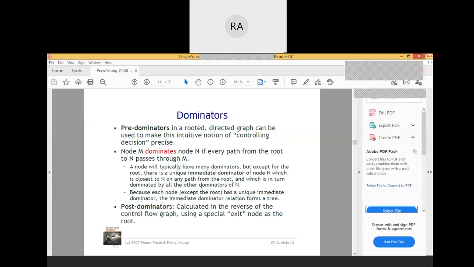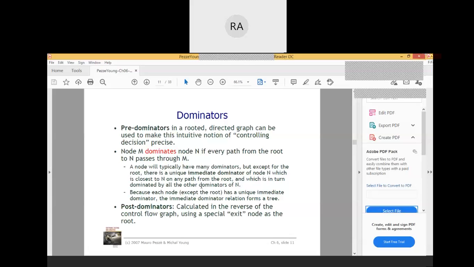After that, we are going to look into dominators, with the help of this control dependency graph. What do you mean by dominators? Dominators again have two categories: predominators and post dominators.